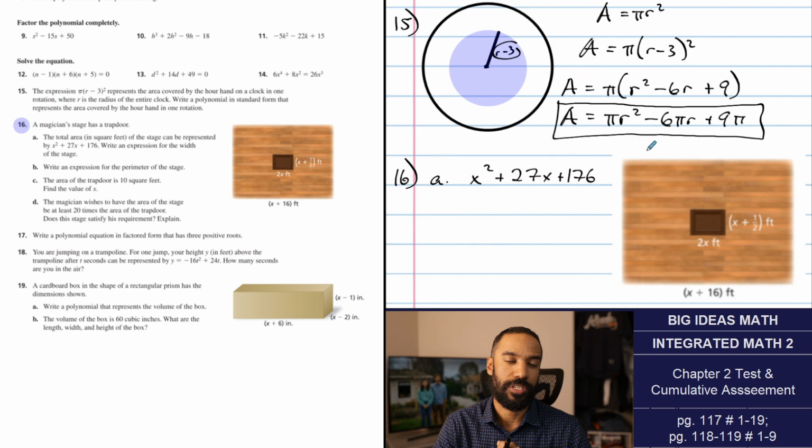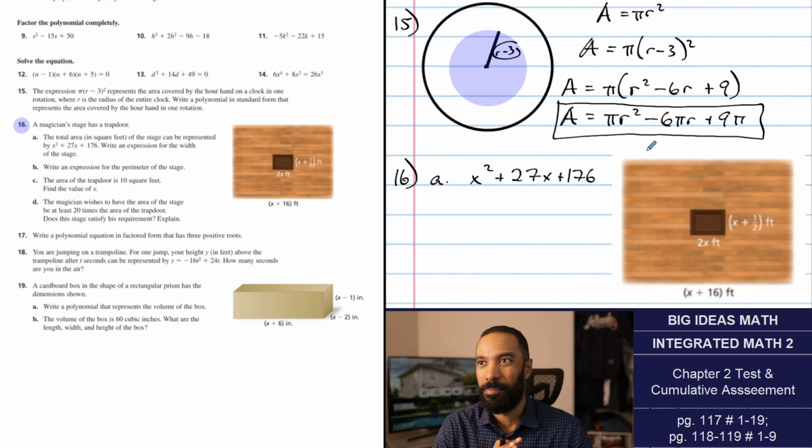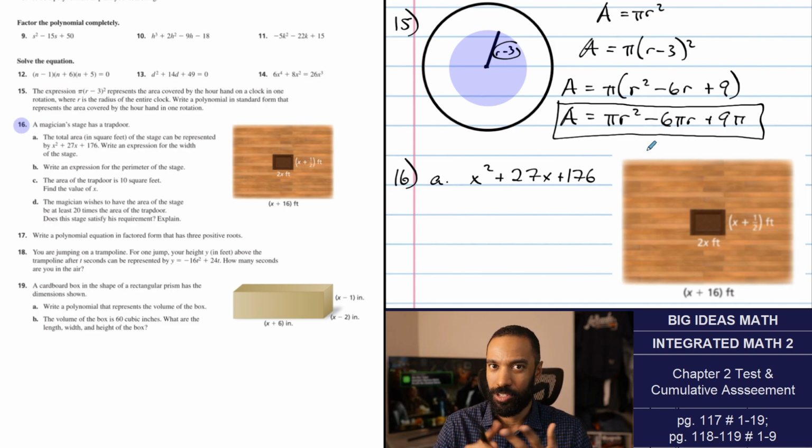Now, I don't know what 176 all divides by. I guess 16 is one of them, which actually might be part of the answer. Actually, I think it is. Because 176 can divide by 1 and 2, not 3. You can divide by 4.